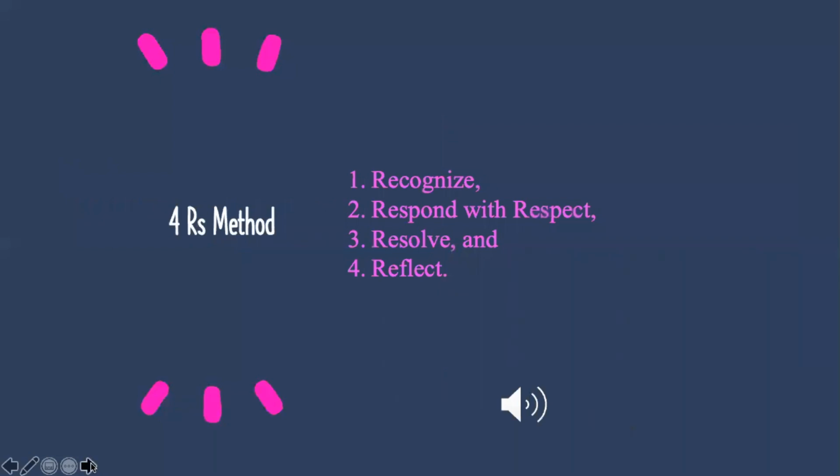With this model known as the 4Rs method, it has to do with when individuals in a group are confronted by conflict. Perhaps students should practice, or employees and team members should practice the 4 R's. Recognize the issue, respond with respect, resolve, and then finally, number 4, reflect.